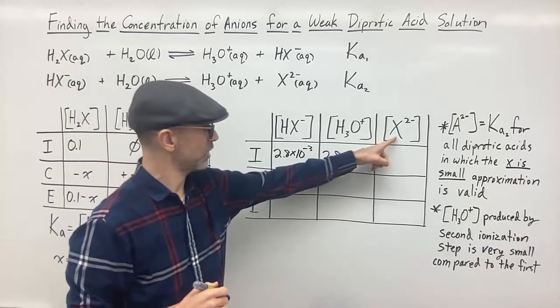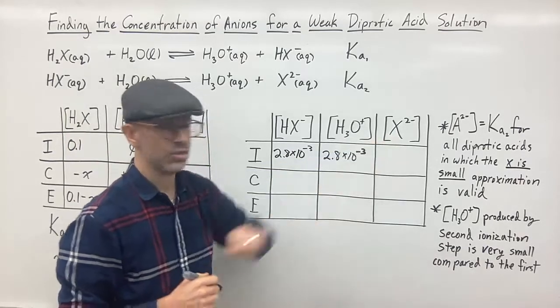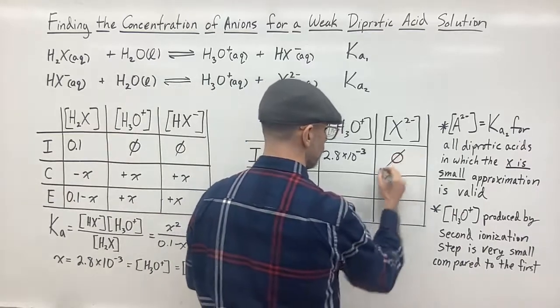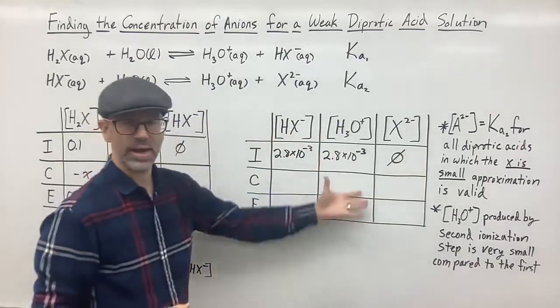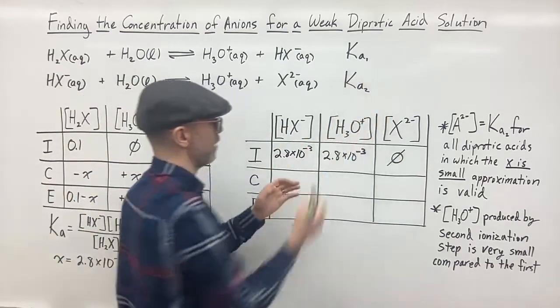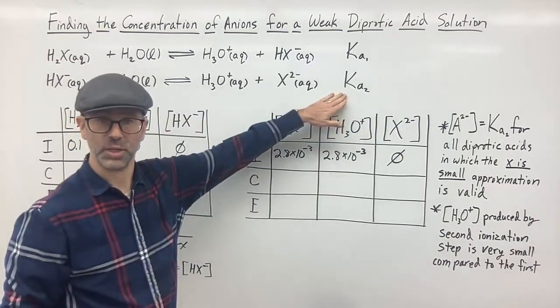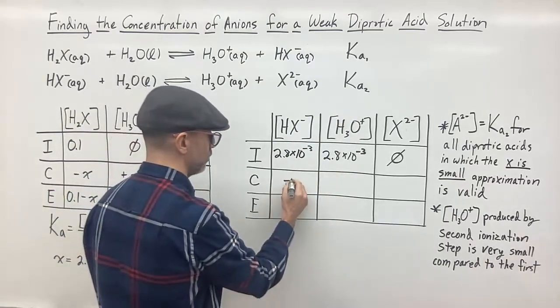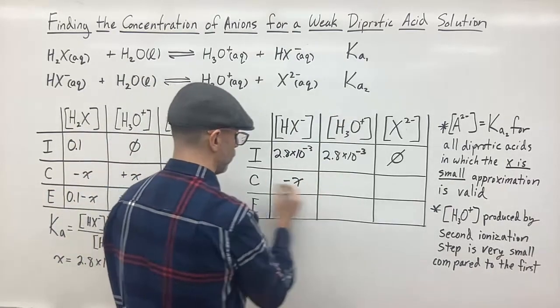What's my concentration initially of my X2 minus ion or anion? That's going to be 0. So now I have the initial concentrations, and I have my Ka2 value, which is given to me. So then all I do is fill in my table again. This is going to be minus X for the change.